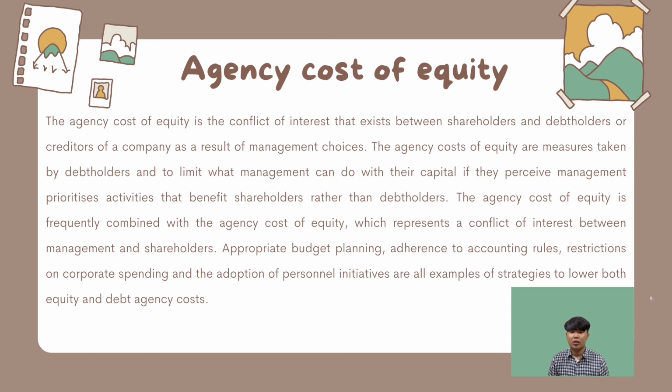The agency cost of debt is frequently combined with the agency cost of equity, which represents a conflict of interest between management and shareholders. Appropriate budget planning, adherence to accounting rules, restriction on corporate spending, and the adoption of personal initiative are all examples of strategies to lower both equity and debt agency costs.